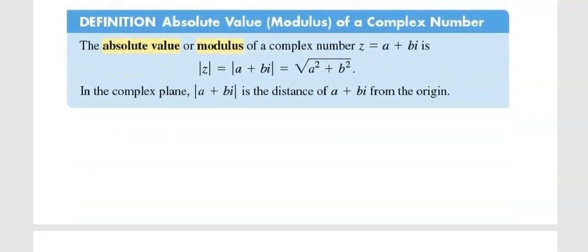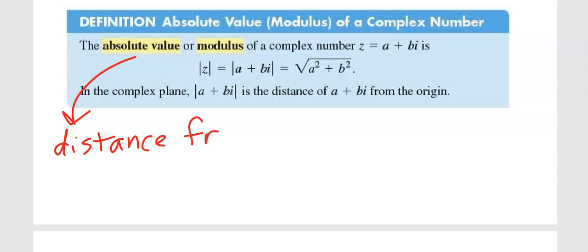Now, when we say the absolute value of a complex number, we use absolute value bars. Okay. What does absolute value mean? Absolute value means the distance from 0. But in our case, it's the distance from 0 plus 0i, which is kind of like the origin, right?